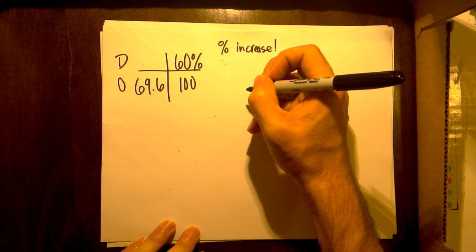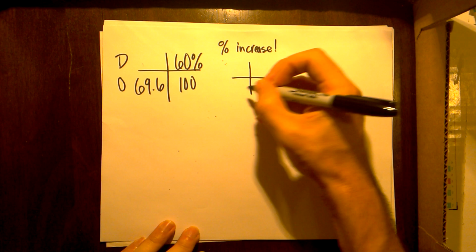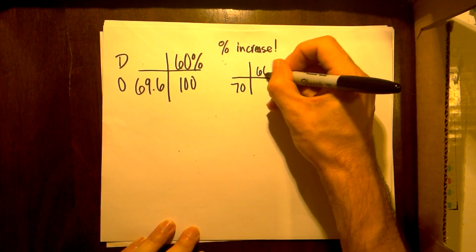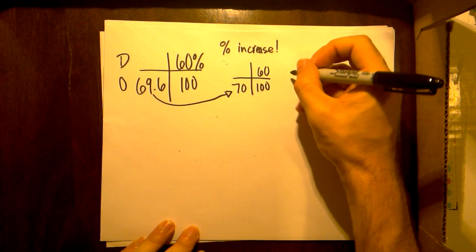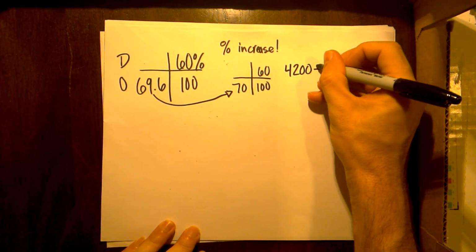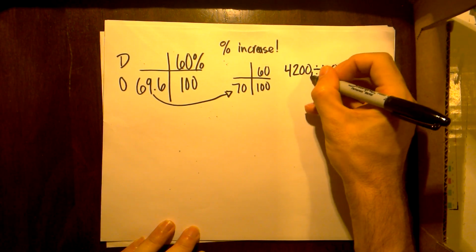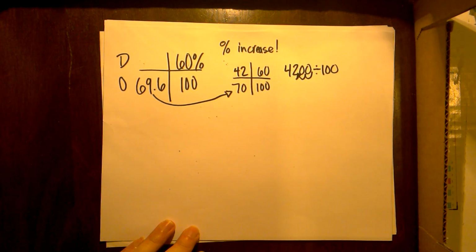And when I multiplied this, oh, I'm sorry, I take that back. I estimated 69.6 is close to 70, so I did. So that ends up being 4200 divided by 100. Again, move the decimal 2 places. So this number would be about 42.